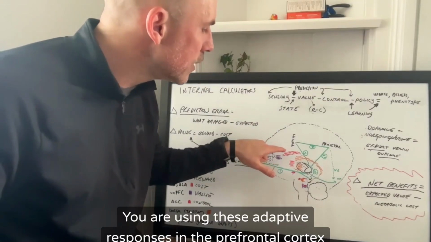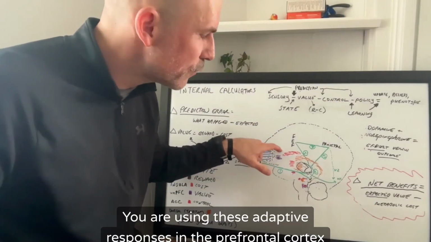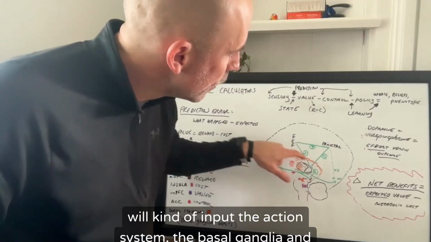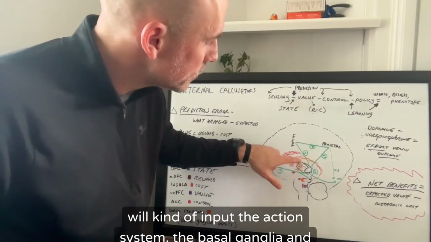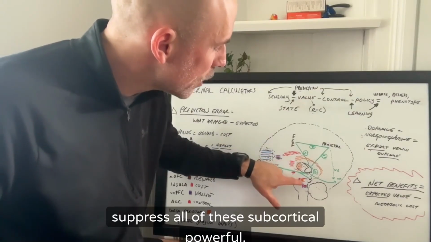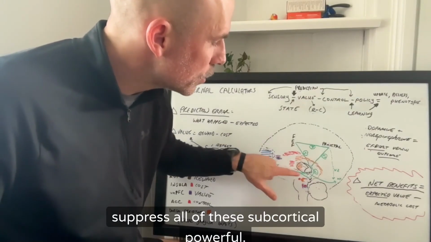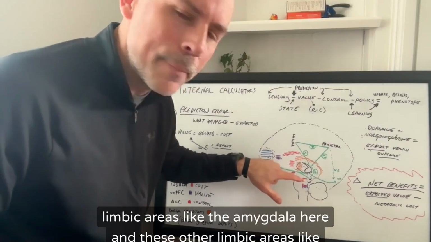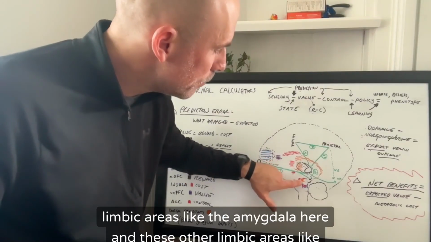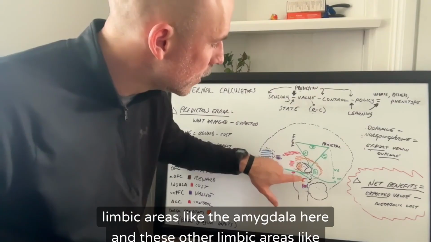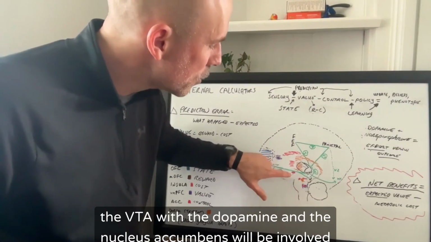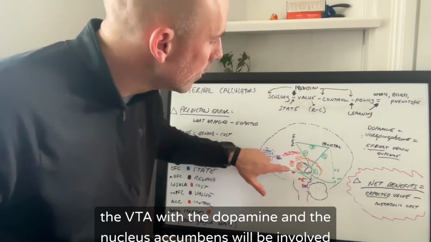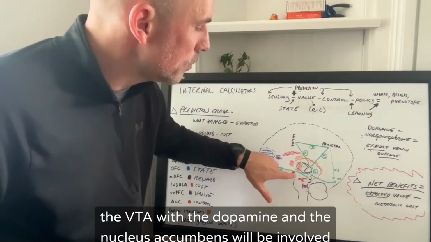You are using these adaptive responses, and the prefrontal cortex will input to the action system, the basal ganglia, and suppress all of these subcortical, powerful limbic areas, like the amygdala here, and these other limbic areas, like the VTA with the dopamine, and the nucleus accumbens will be involved.